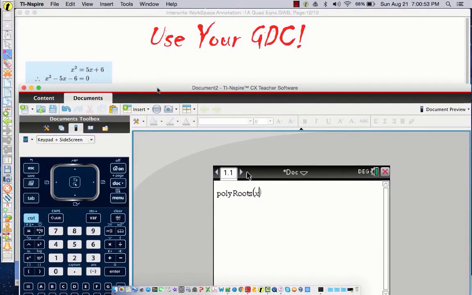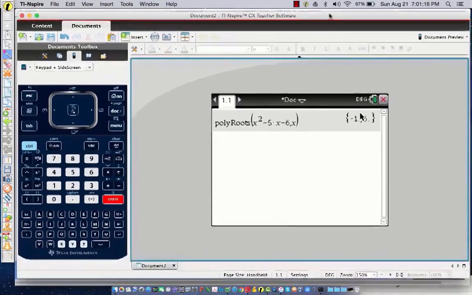So I'm going to do x squared minus 5x minus 6. And then I'm going to hit a comma, and it has to be in terms of x. And I hit enter, and I get the roots. Is that the greatest thing you've ever seen in your life? It's -1, 6. How about that?